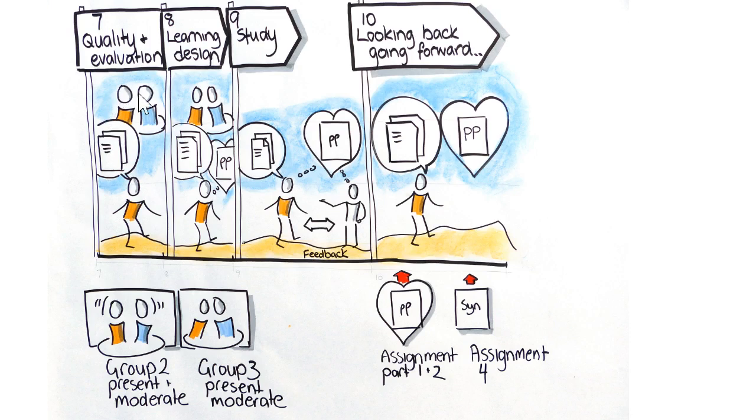Module 7, Group 2 presents on the topic of quality and evaluation, still doing 2 blog posts. Module 8, topic is learning design, we're still doing blog posts and working on the personal project. So weeks 6, 7 and 8 are shorter time periods, only 1 week each, and it's a busy time as we've got multiple things going on at once.